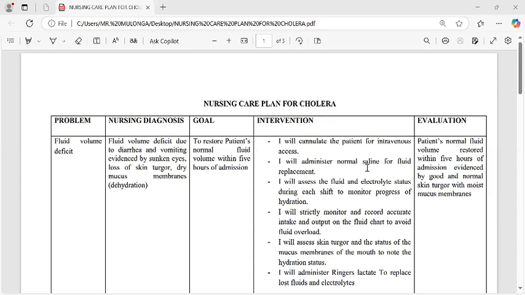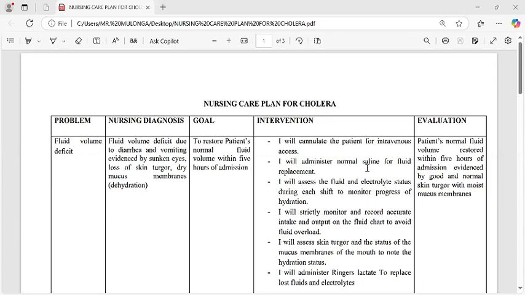As a nursing problem, that will be termed as fluid volume deficit, meaning reduced fluid in the body. So therefore, our problem is fluid volume deficit.